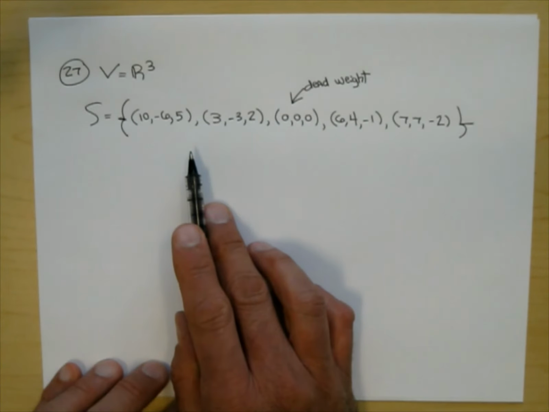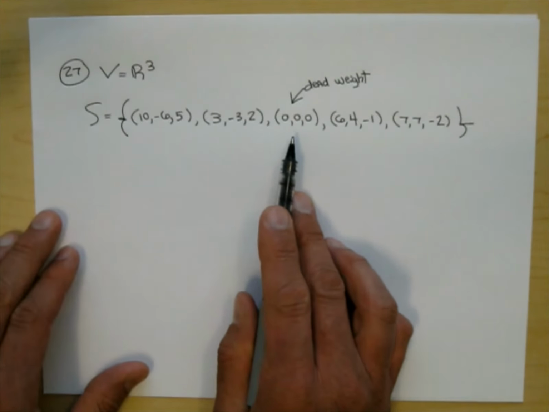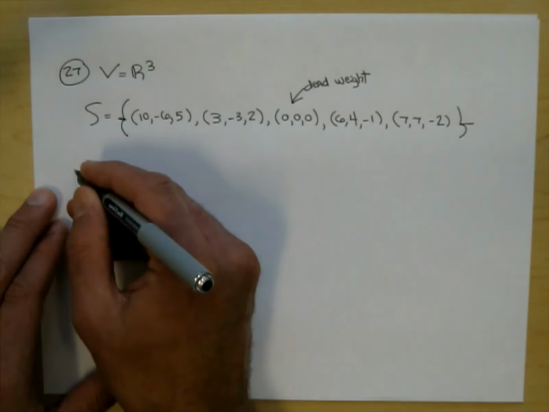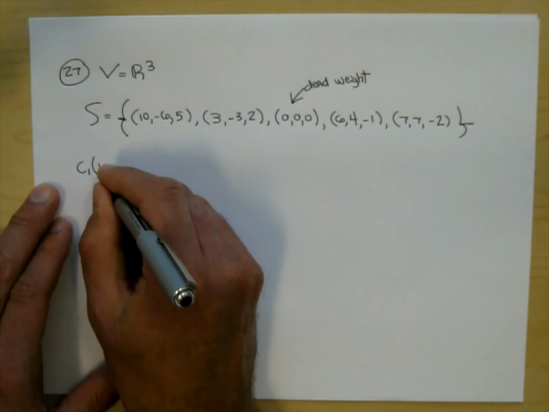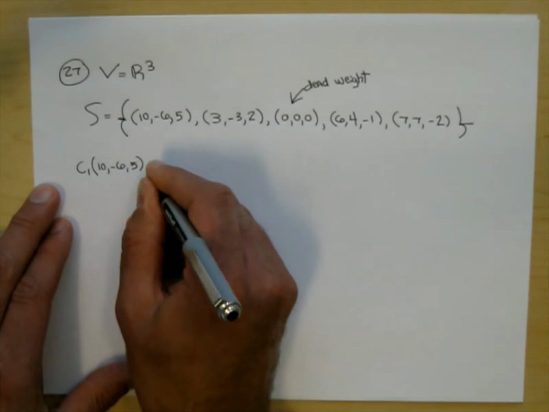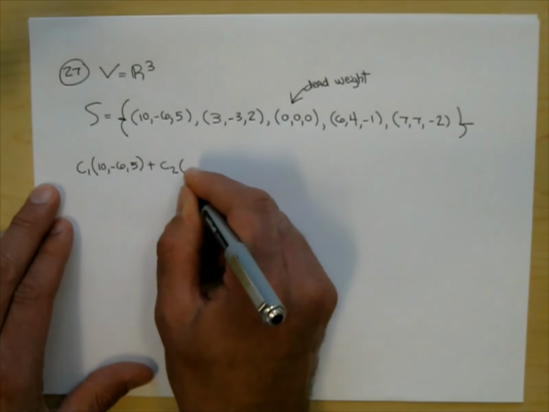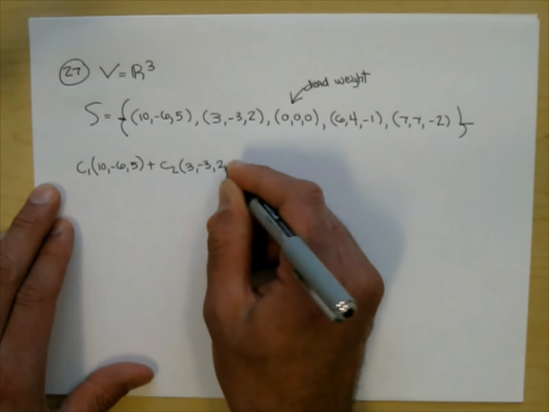We don't know if it spans R3. So what I want to do, even though I know this is dependent, is set up a linear combination of all 5 of those vectors. -3, 2.